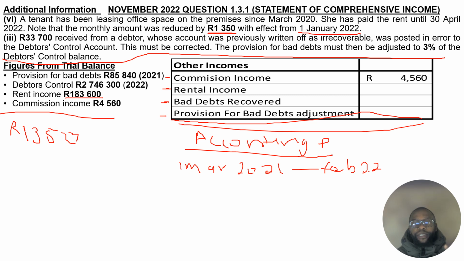So we count January, February, March, April, meaning 4 months. 1,350 multiplied by 4 months is 5,400.